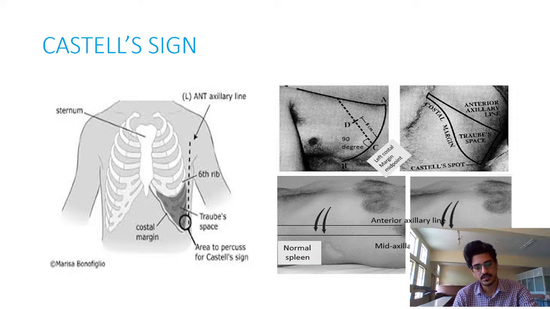And what is Castell's point? Castell's point is in the last intercostal space, the point where the last intercostal space and the left anterior axillary line intersect.